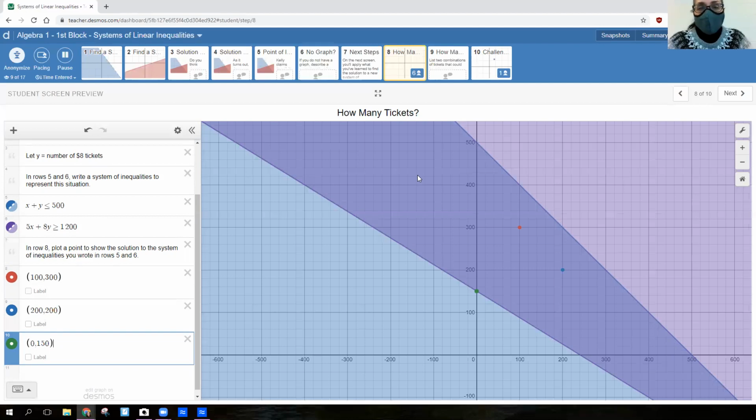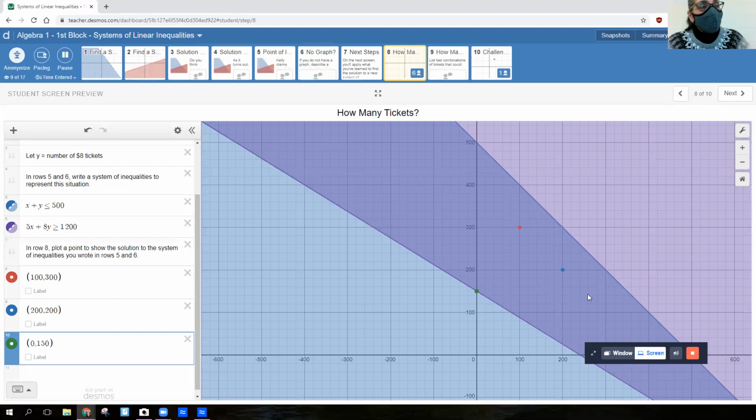But for this particular problem, we are talking about people buying tickets for a dance. So I don't want anything over here because these numbers on the left-hand side of the y-axis, they're negative. So that would be like negative tickets being sold. That's kind of like people, I don't know, giving their tickets back to the ticket agent. So that doesn't make sense for this particular problem.